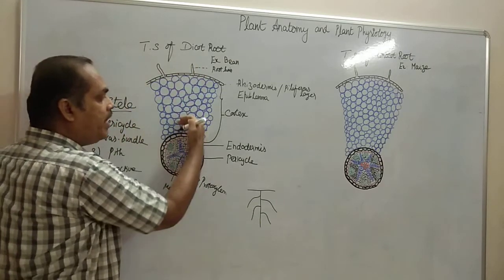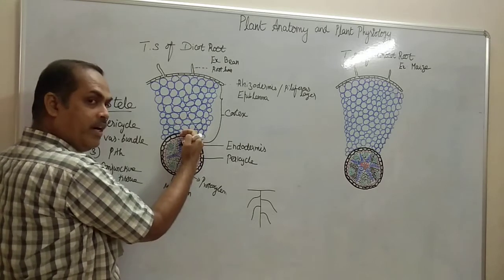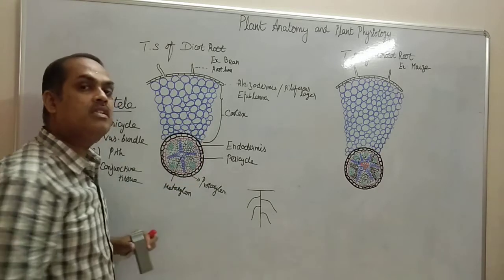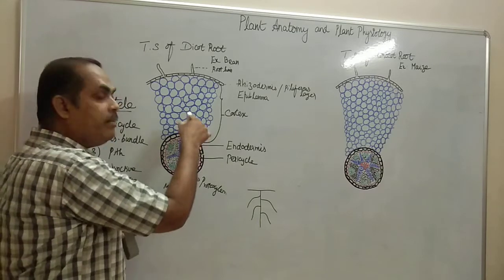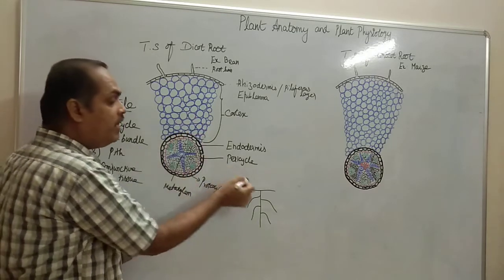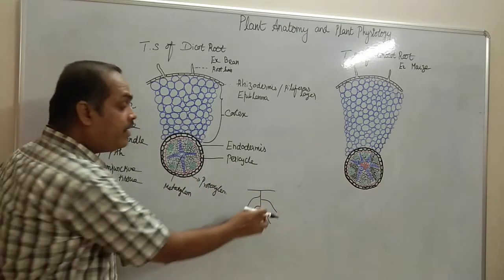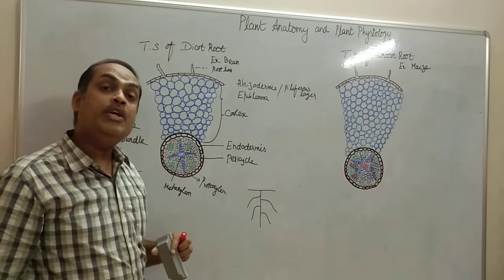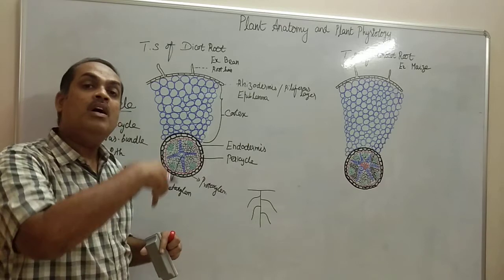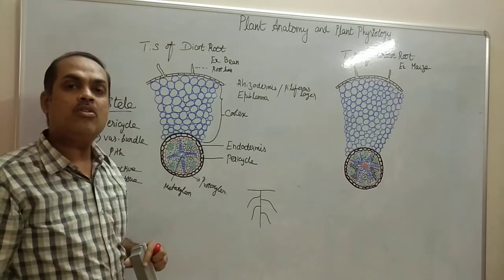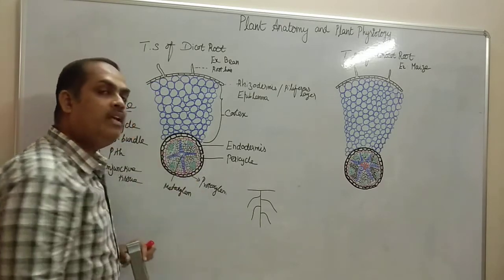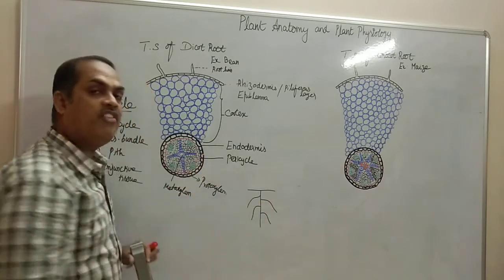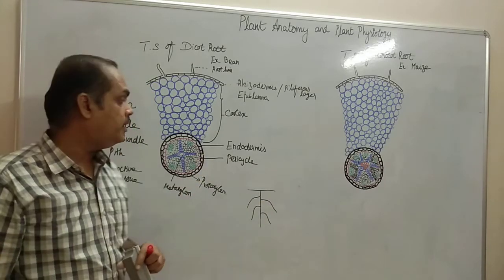You have many layers of cortex, then one layer of endodermis, afterwards your pericycle. From this layer only the lateral roots arise. The lateral roots are not superficially attached to the main root, but they are endogenous in origin, that is, they originate from within the tissues. So pericycle is very important because lateral roots originate from it, which is an important point.